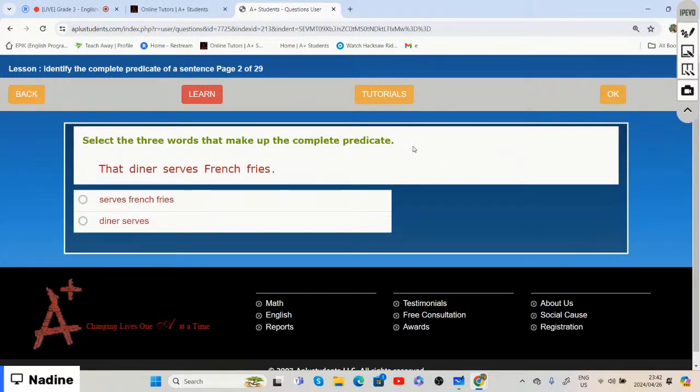That diner serves French fries. We need to select the three words that make up a complete predicate.